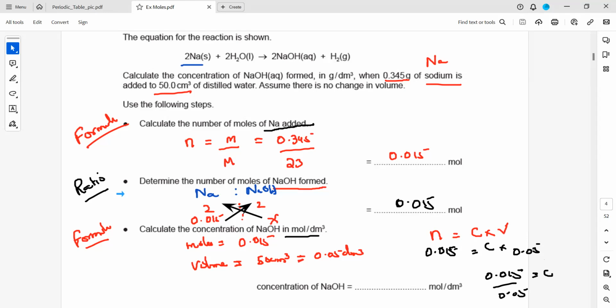What will be the concentration? That's right. The concentration will be 0.3. So this will give us 0.3 moles per dm cube, the concentration of the sodium hydroxide.